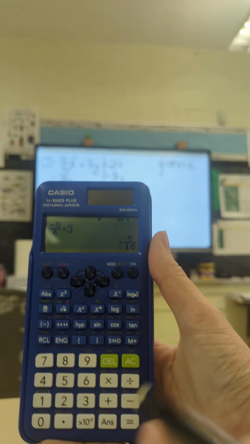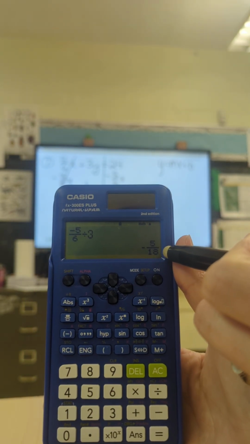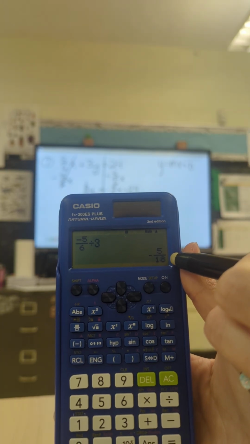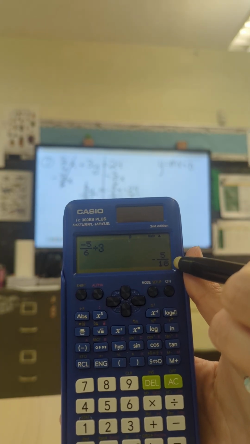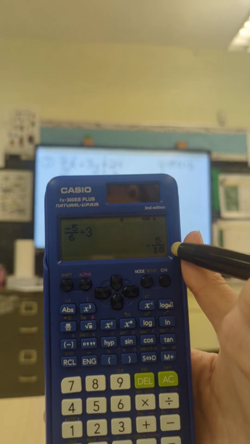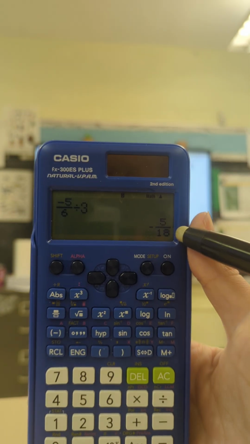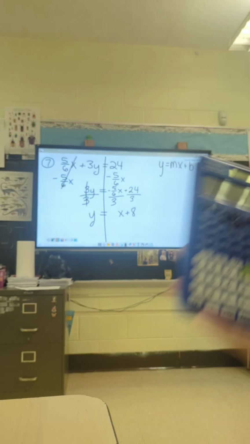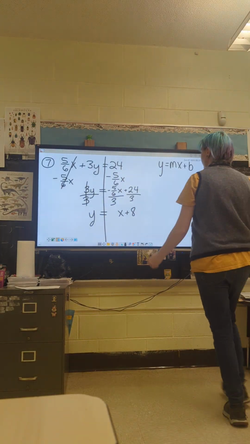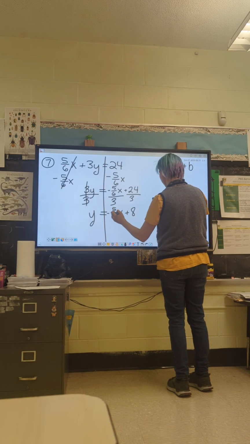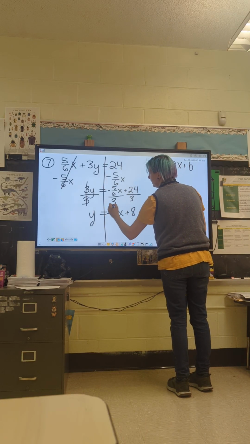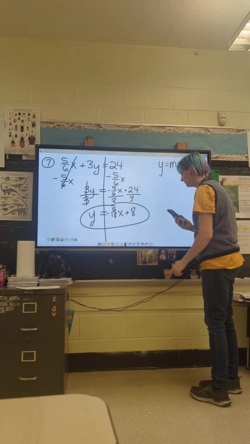And it tells you -5/18. It does end up being that you multiplied that 6 and that 3 and kept it in the bottom, but we're not learning how to deal with fractions. I'll just show you how to do it on your calculator. All right. So, -5/18, and you have survived.